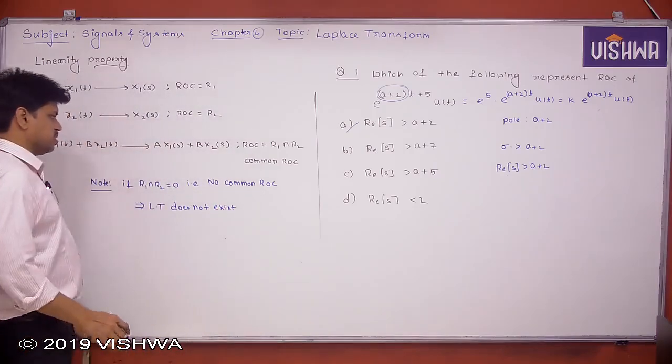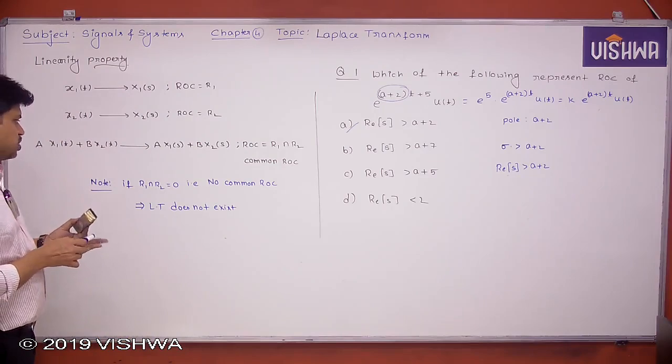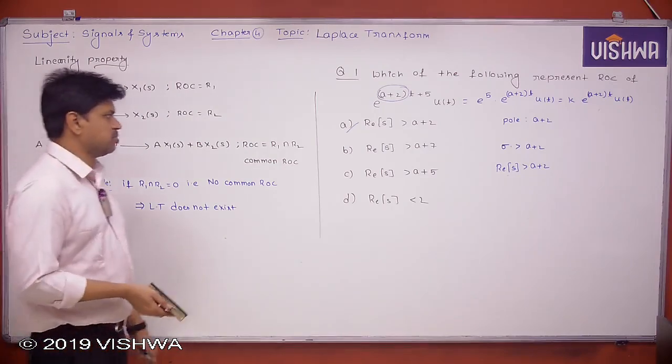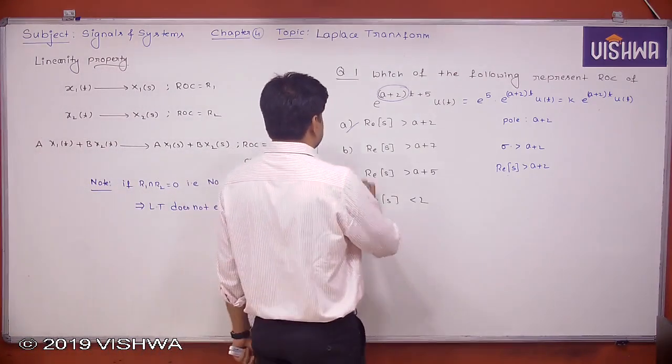So if there is no common ROC, then we can say the Laplace transform does not exist. Clear? Take it.